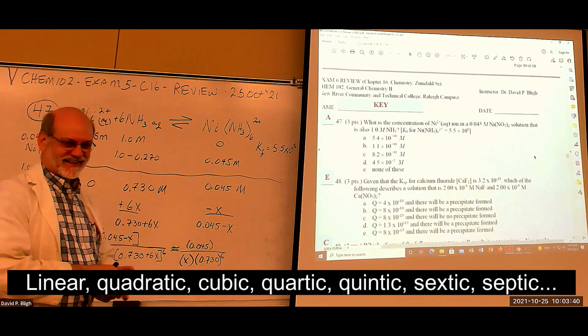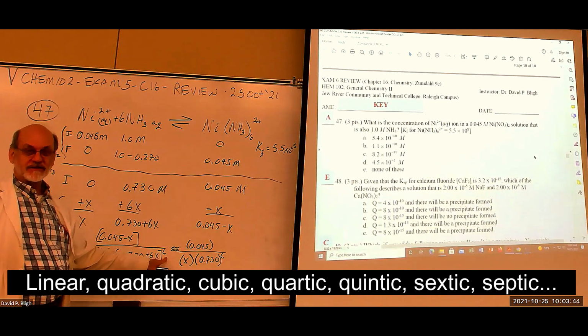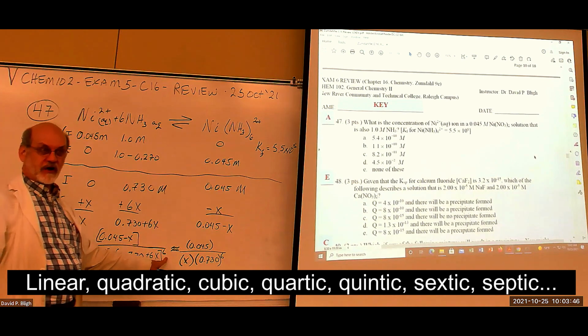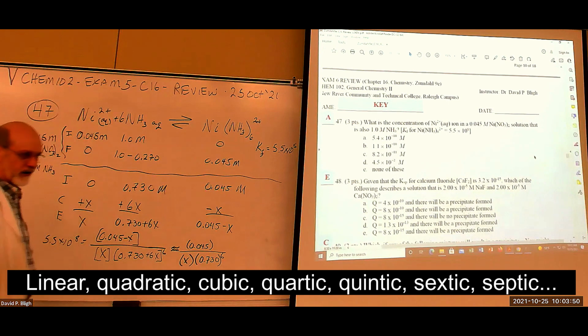Hexic. Maybe there is a solution like our quadratic equation for the 6th, but I don't know what it is. So we'd have to use successive approximations to do that. It could be done. I just wouldn't want to have to do it on a test because it'd take a while.